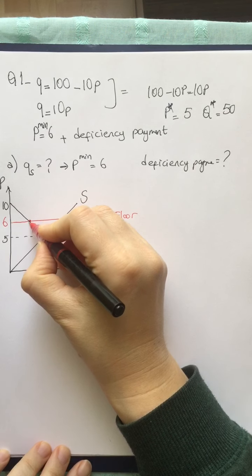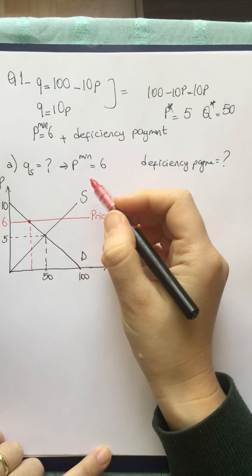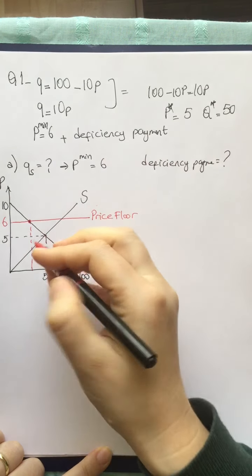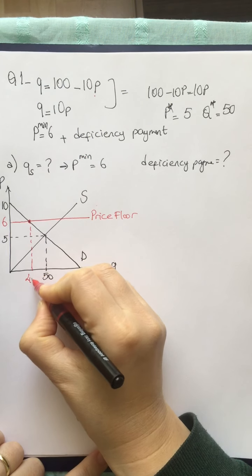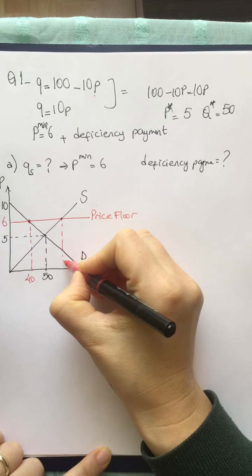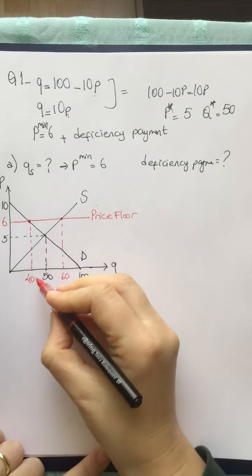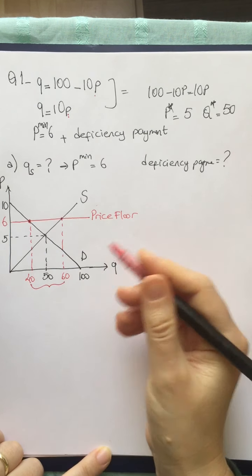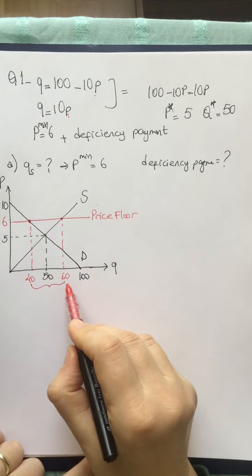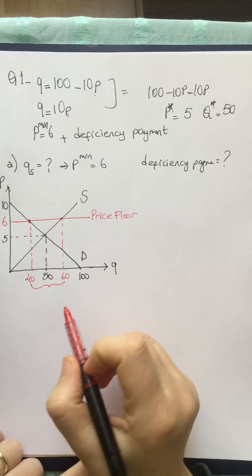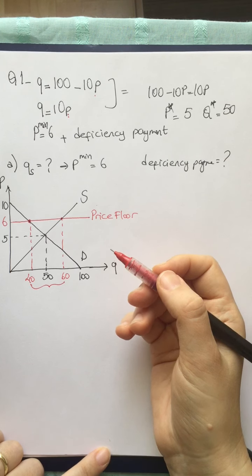And in that case, when there is no regulation of the government, the demand for this good, if you substitute 6 here, will be 40, and the quantity supplied, if you substitute 6 here, will be 60. So if there is no deficiency payment program, the difference between these 60 and 40 would be the excess supply or surplus in the market.